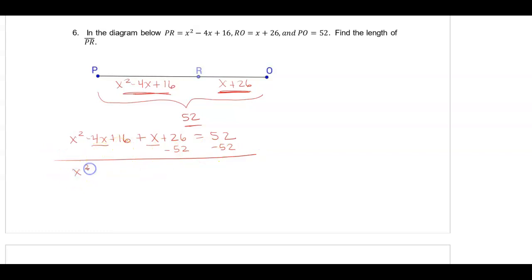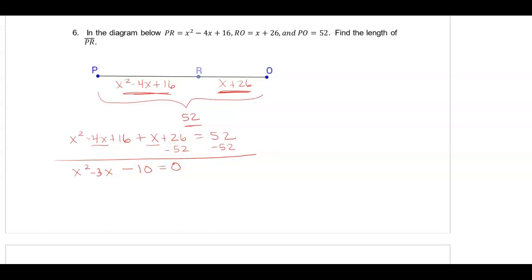So the x squared is just there, and then negative 4 plus positive 1 is negative 3, and 16 plus 26 is 42, minus 52 is going to be negative 10.